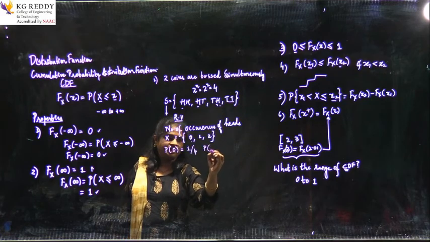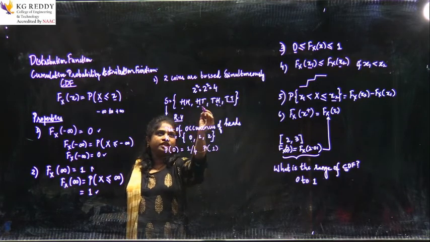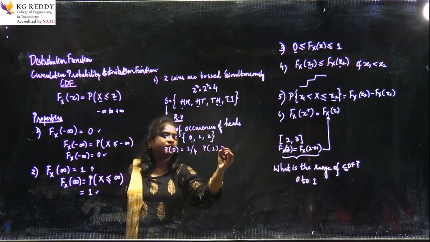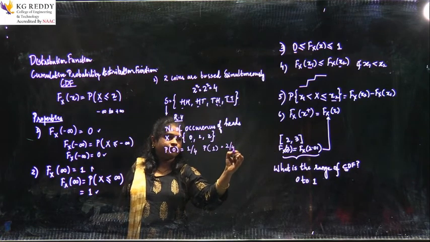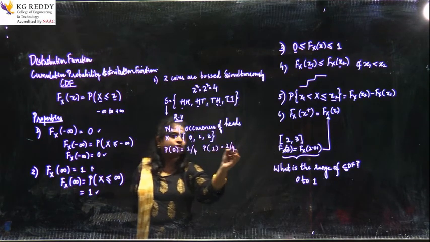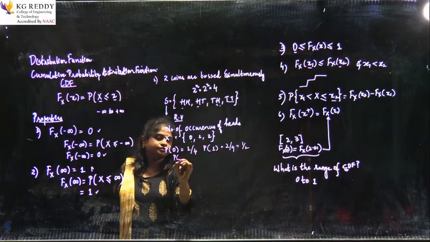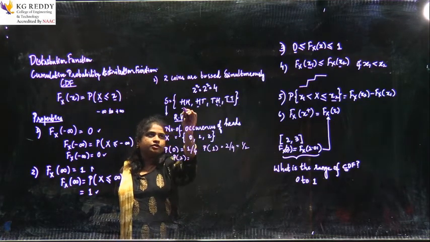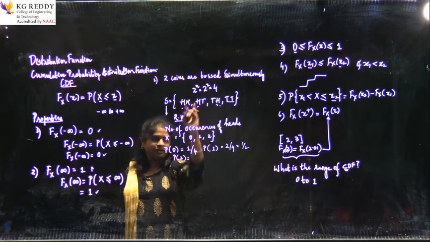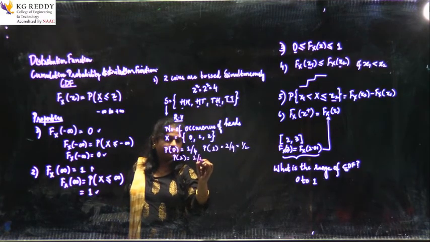Probability of 1 head: how many times is 1 head there? 2 times. Total 4 outcomes, so 2 by 4, which is 1 by 2. Probability of 2 heads: how many times? 1 time only. So, again it is 1 by 4.